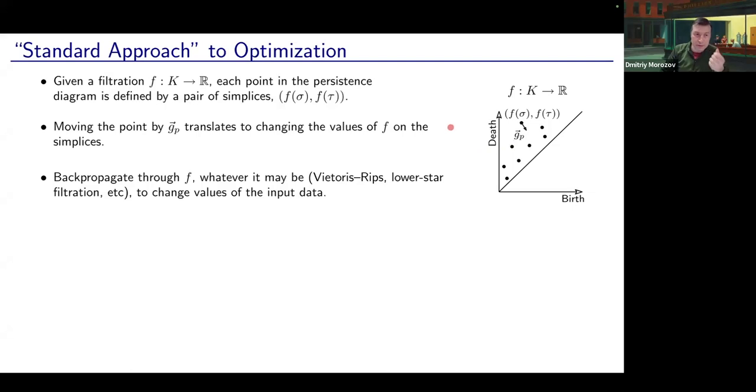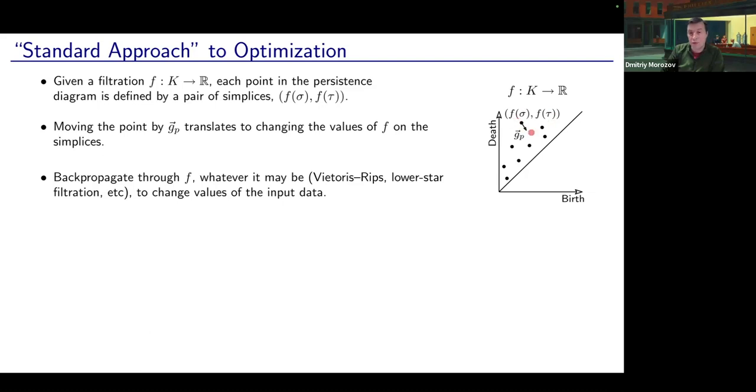Now, when we compute persistence on real data, we always work with simplicial filtrations, and so I can think of a filtration as a function on the simplicial complex, and each point in the persistence diagram has its birth and death values coming from a specific simplex. So a homology class is born when we add sigma, and it dies when we add tau.